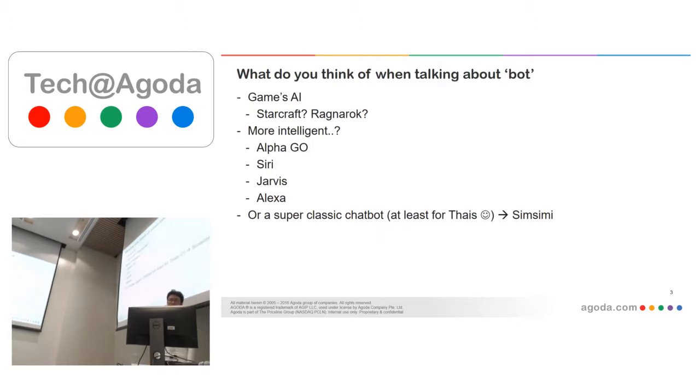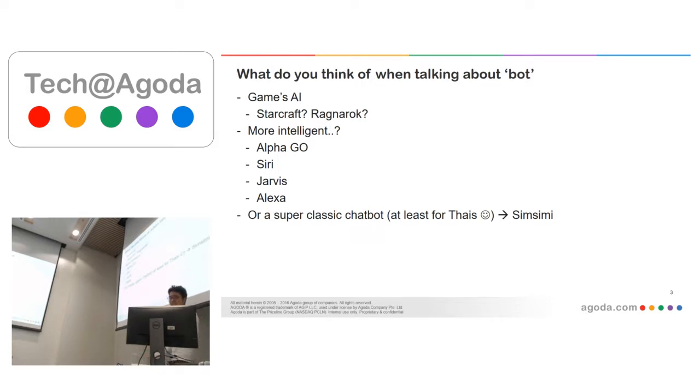Okay, so about bots. When we talk about a bot, what we usually think about is maybe a game like StarCraft, where there is some AI with several levels, an easy one, a hard one, or maybe Ragnarok, where you don't want to play, so you write a script to level up your characters for you.